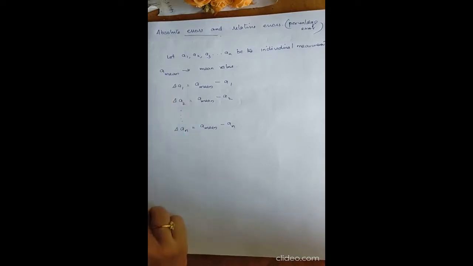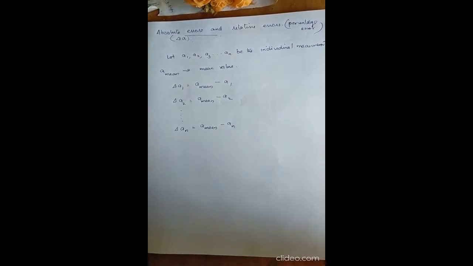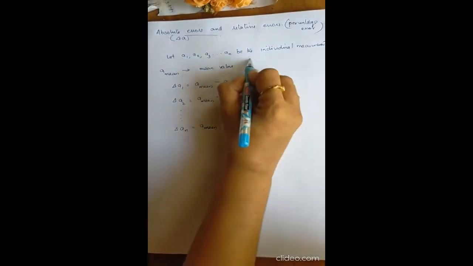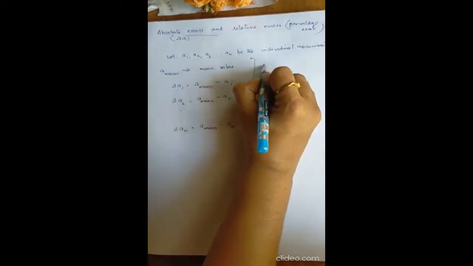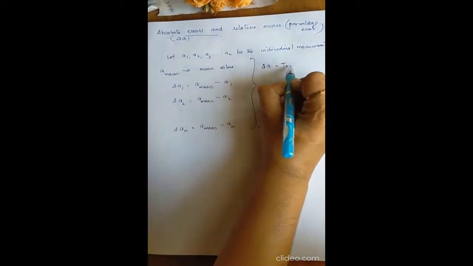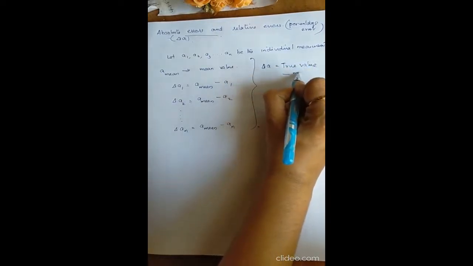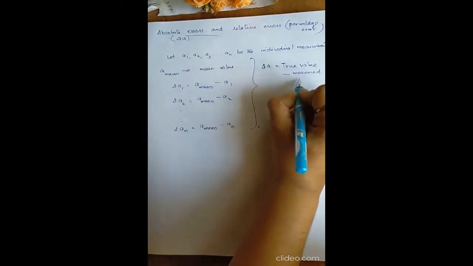Delta A1, that is the absolute error. Absolute error is denoted by delta A, that is equal to true value minus measured value.